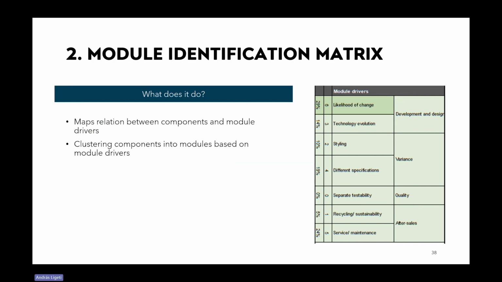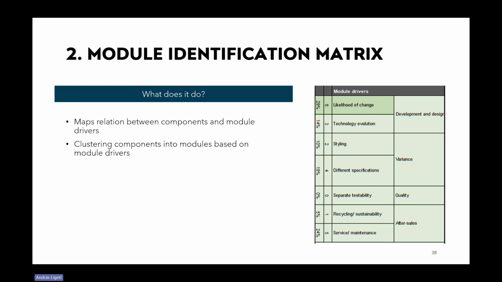But first, again, what the module identification matrix does. In the module identification matrix, you map the components to module drivers, and it clusters the components into module drivers based on the scores that you give. And these were the module drivers that we were using. Likelihood of change was important.